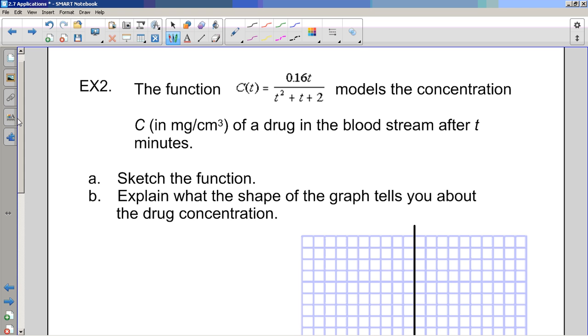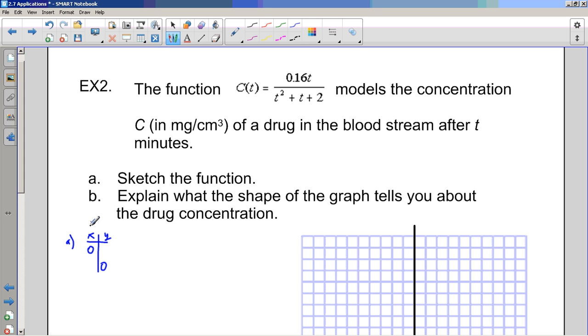Sketch the function. Well, that's got nothing to do with the ability to interpret this application, but certainly we can use our skills from earlier in the unit. So probably you've got a little bit of a recipe for how to graph these functions in your head. The first thing that I think of are the x and y intercepts. Remember the y-intercept happens when x is 0.